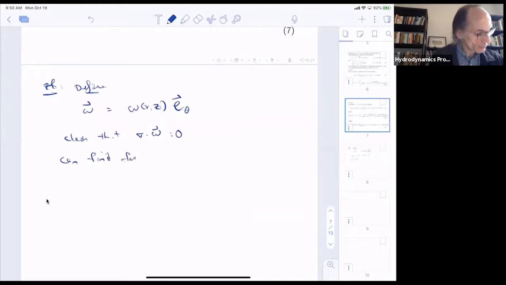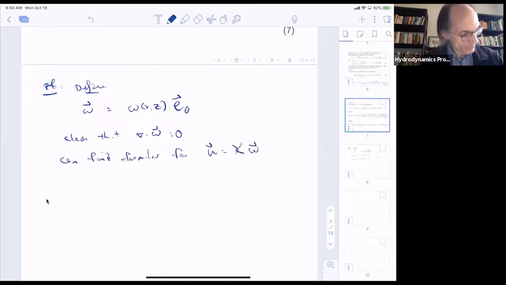formulas for the associated velocity field, and psi, the potential.